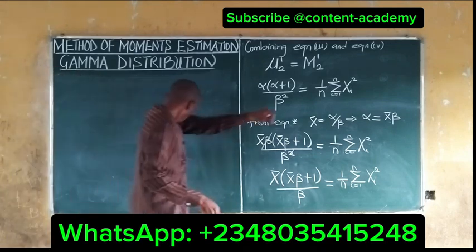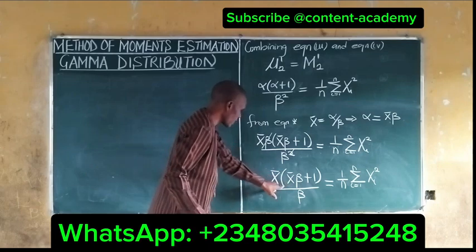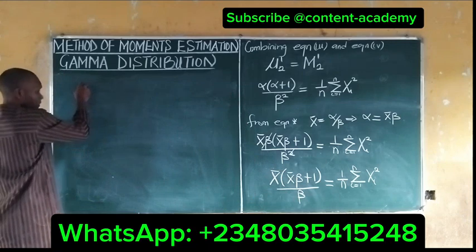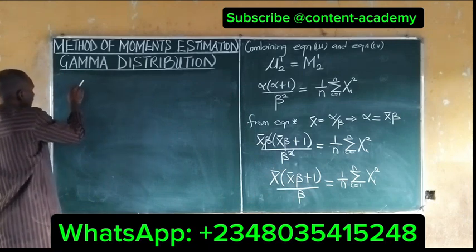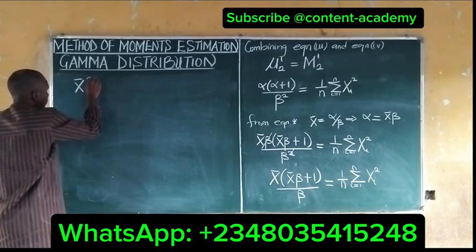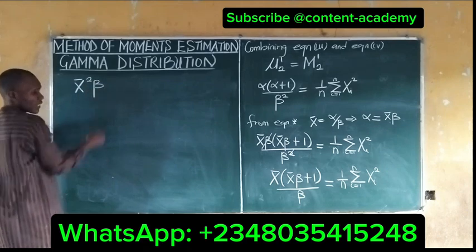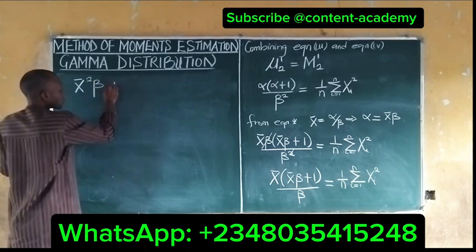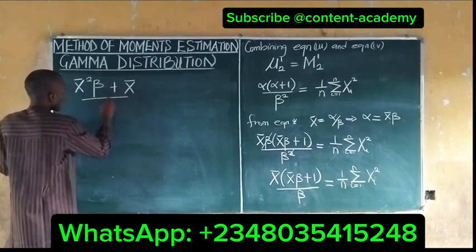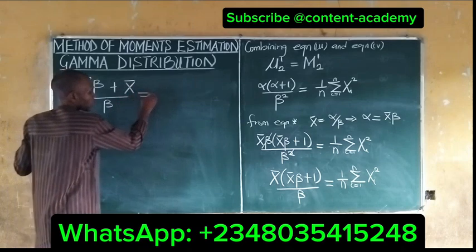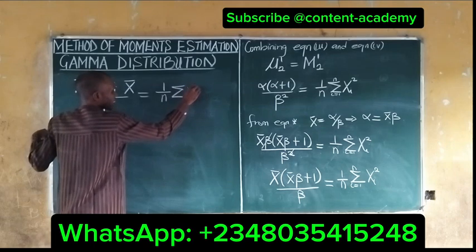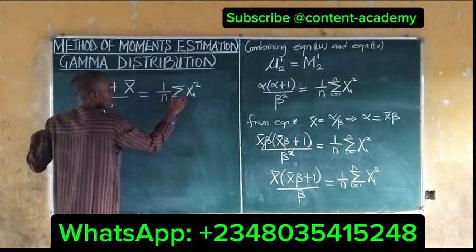Now, we can multiply this by this and this by this to give us x bar squared beta. That means x bar squared beta plus x bar all over beta to be equal to 1 all over n summation of xi squared, as i running from 1 to n.